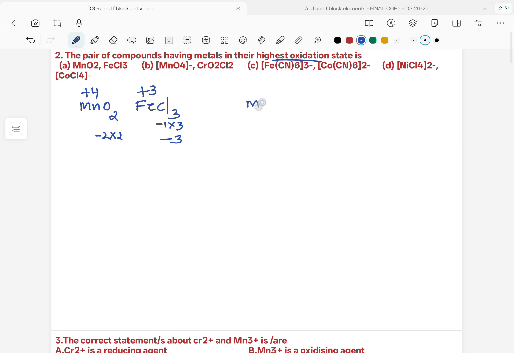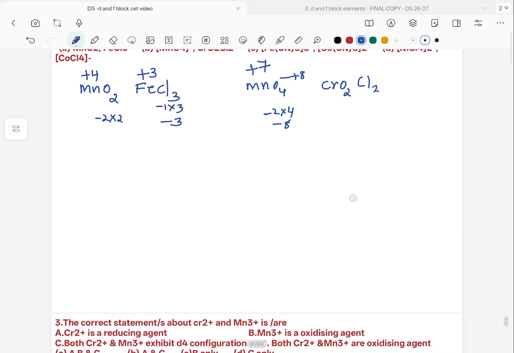Whereas the second option is MnO4 minus and CrO2Cl2. Here oxygen -2 into 4, -8, taken out here +8. Therefore here it is +7. Chromium oxide: oxygen -2 into 2, -4, chlorine -1 into 2, -2.